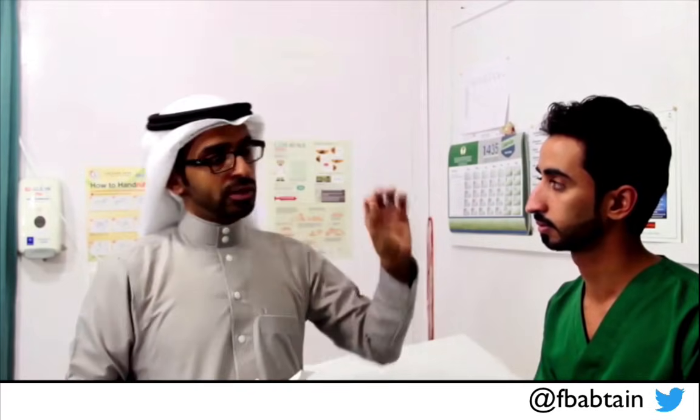My last part of the sensory examination of the trigeminal nerve is the reflex. For the trigeminal nerve, we do have two reflexes that you usually examine. These are the corneal reflex and the jaw jerk. I will do the corneal reflex if you don't mind, Hamad. Okay.